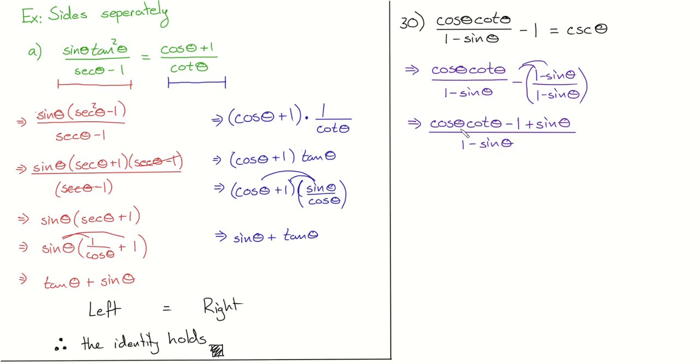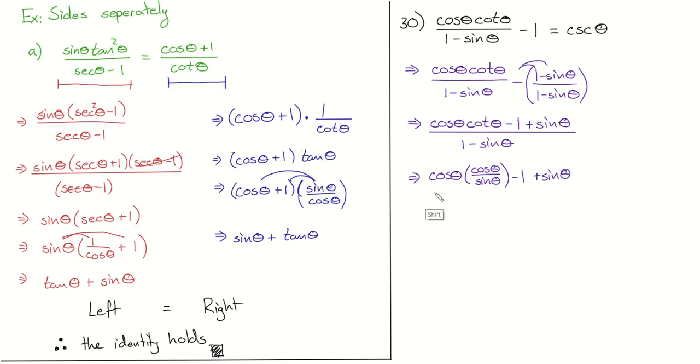So the only thing that I don't like about this right now is this pesky cotangent. So I'm going to replace this cotangent right here using the quotient identity, and let's just see what happens. Cos theta times, and cotangent is cos theta over sine theta, minus 1 plus sine theta, still remaining in the numerator.